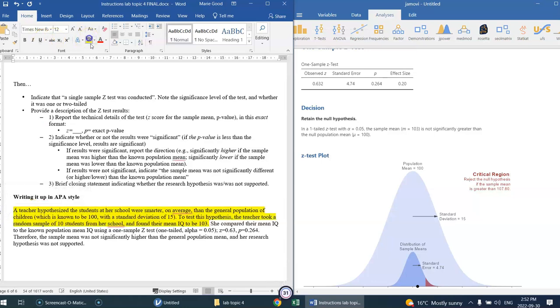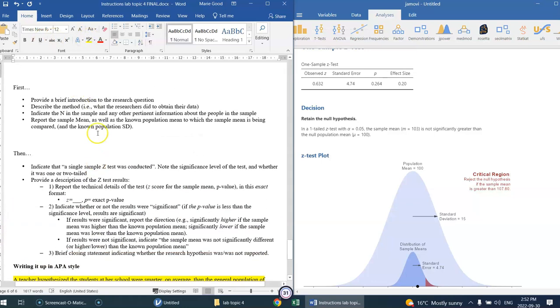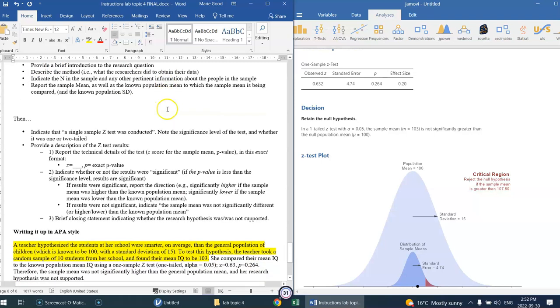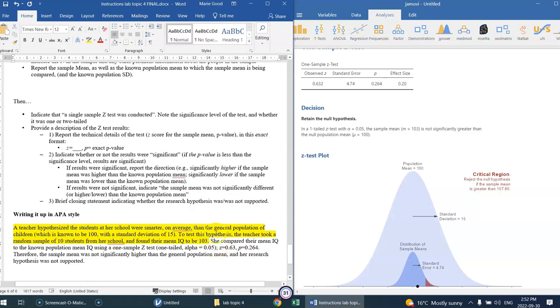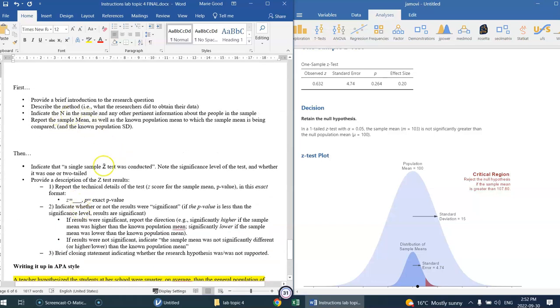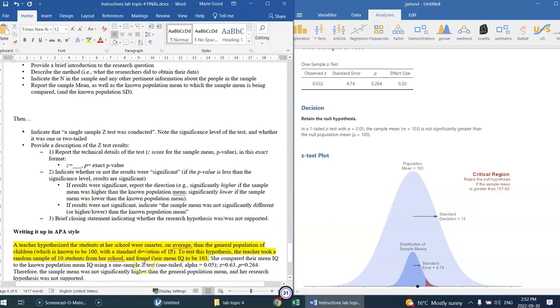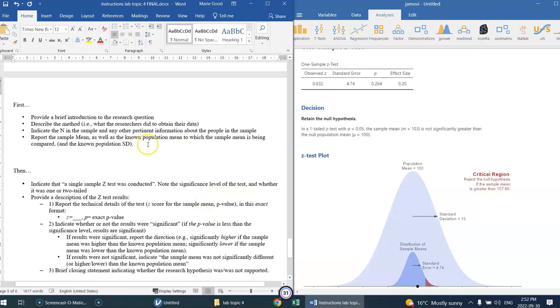So that's this part here, right? Just provide a brief introduction to the research question. That's a teacher hypothesized the students at her school were smarter on average than the general population of children, which is known to be 100 with a standard deviation of 15. To test this hypothesis, the teacher took a sample of 10 students, right, reporting the N, 10 students from her school, and found their mean to be 103. Okay.